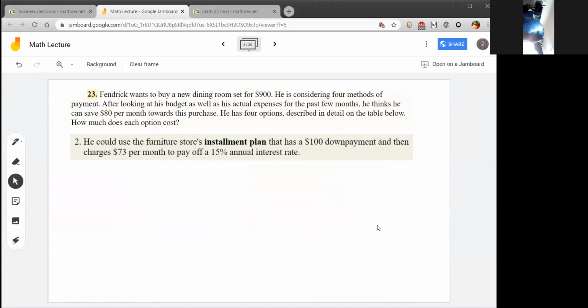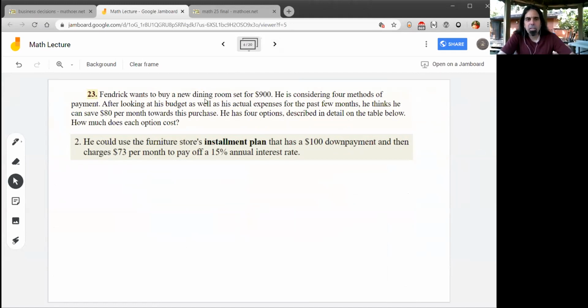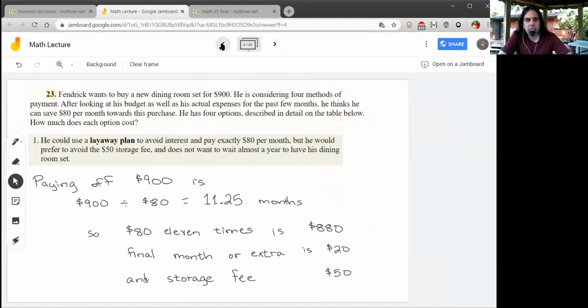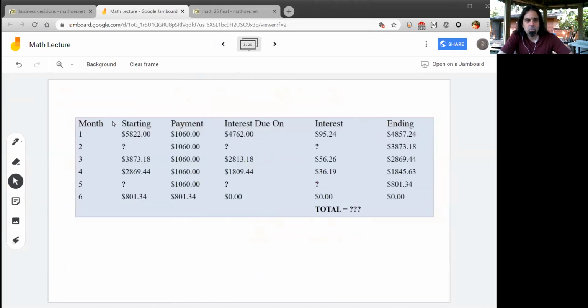Now we have the installment plan. Now we have to make that annoying table. Let's go back and look again at the columns on our table. So it's the month where you start with, how much your payment is, then you subtract to find how much the interest would be due on, what is that interest, and then what's the ending amount.